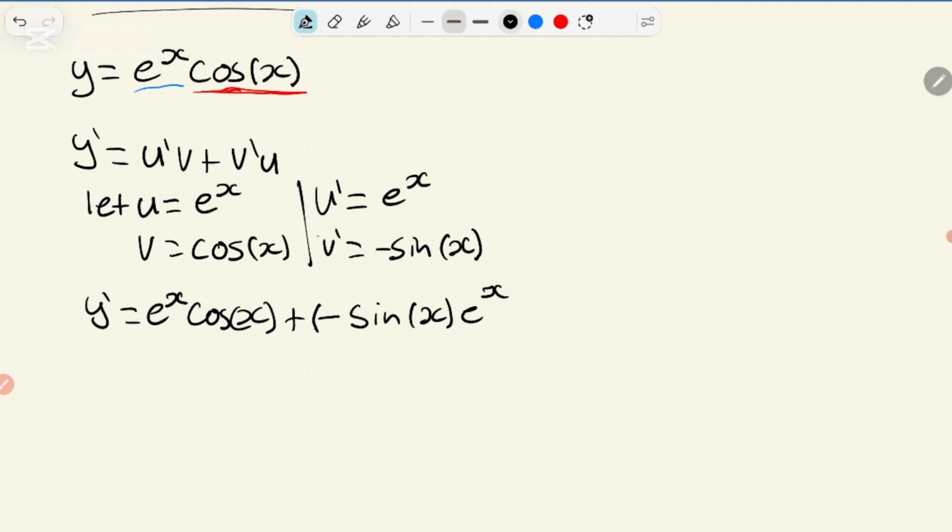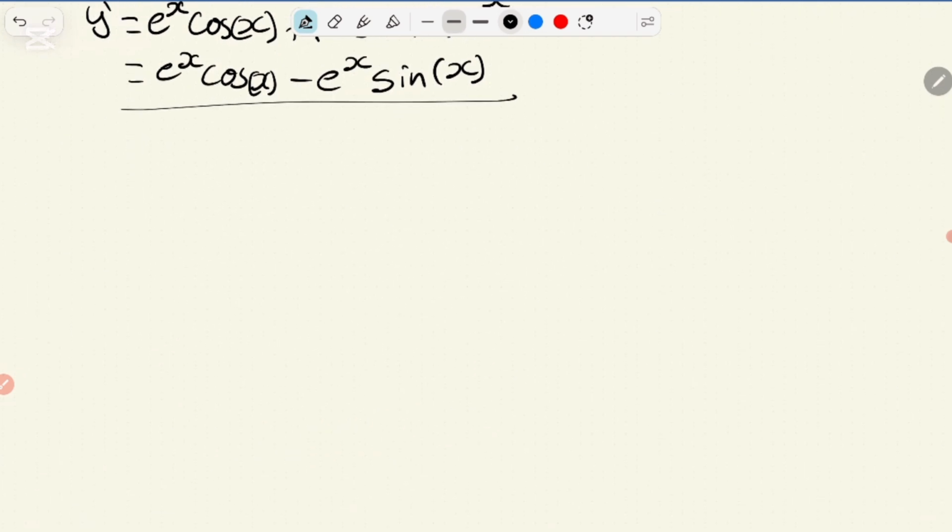All right, now we just do some little rearrangements. It equals e to the x cosine of x, and then we just pull this one at the front with the negative. So negative e to the x sine of x. And there we have it.